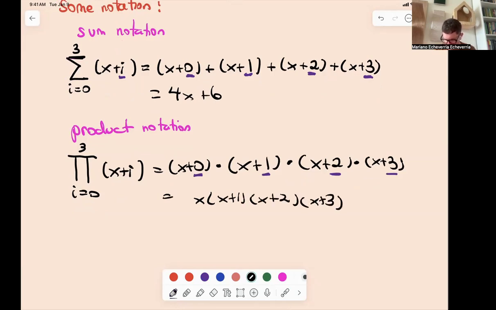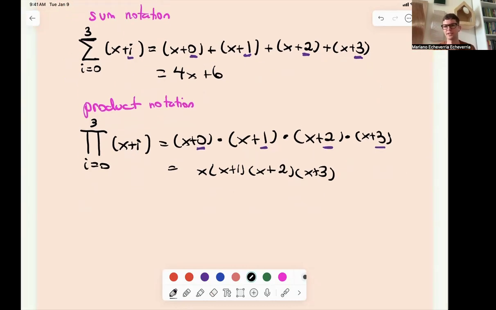If you were to do all the multiplications, it's actually nicer to have the polynomial in factored form, so it's more convenient to leave it that way. But I just wanted to compare it with how the sum notation would look. Here's another one. It doesn't have to involve x.